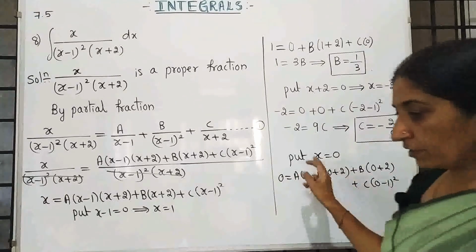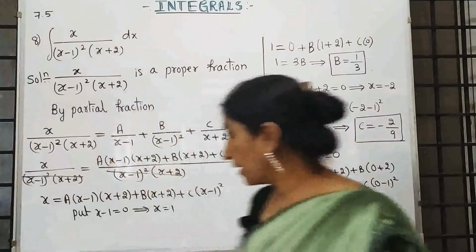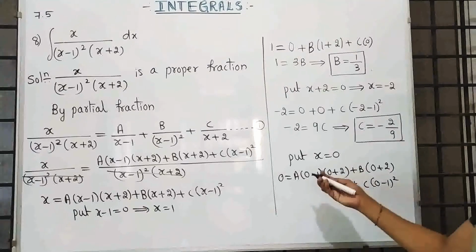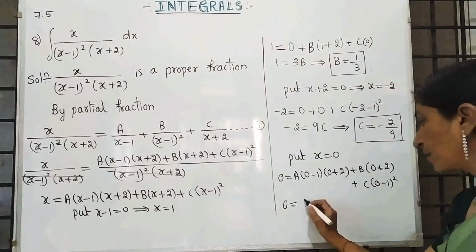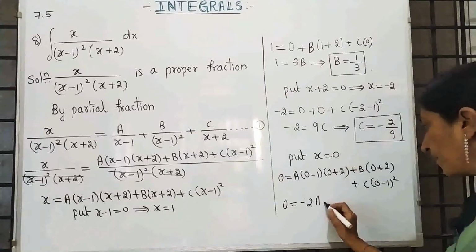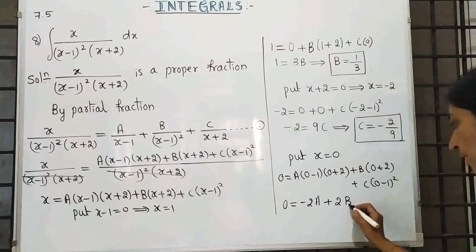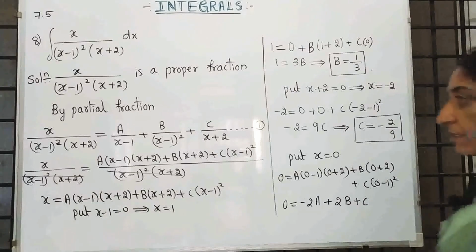See here, for the third value we are writing x is equal to 0. When you write x is equal to 0, 0 is equal to minus 1 minus 2 is minus 2a plus 2b plus c into minus 1 square.